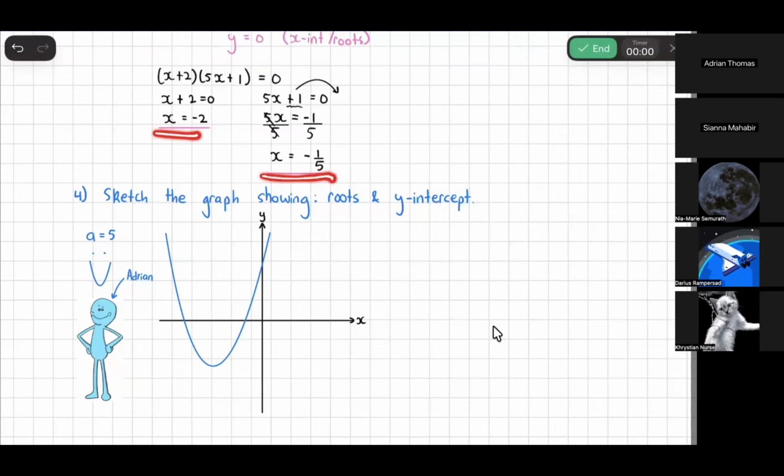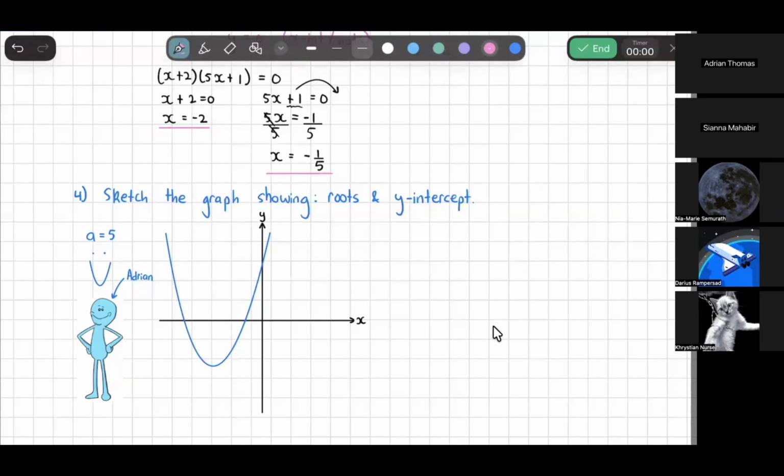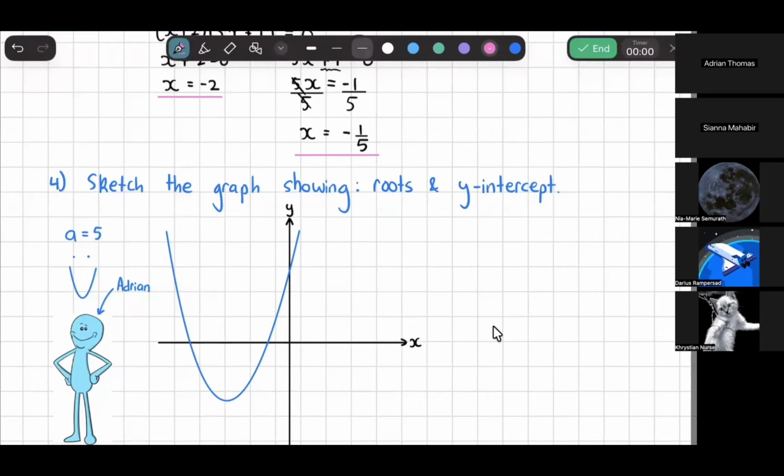So, Adrian, you're seeing for yourself that the x values are negative, right? So which one is smaller, -2 or -1/5? -2. So -2 is going to come over here, and -1/5 is going to come over here. And Nia, what is going to come over here?